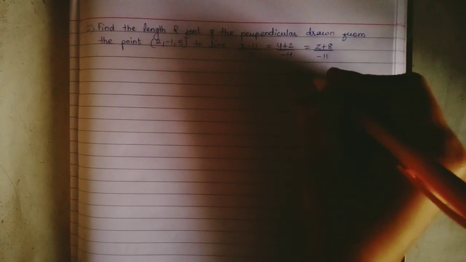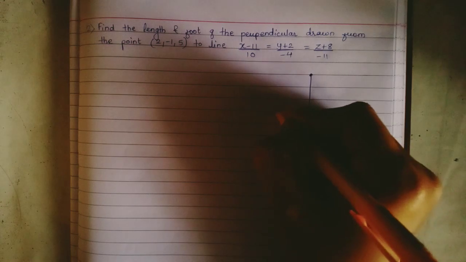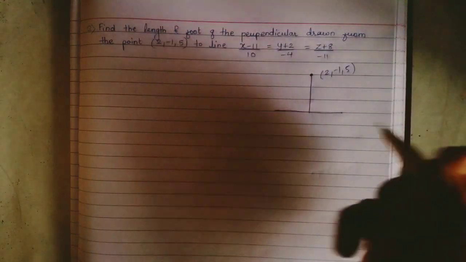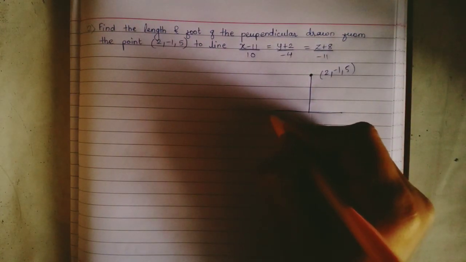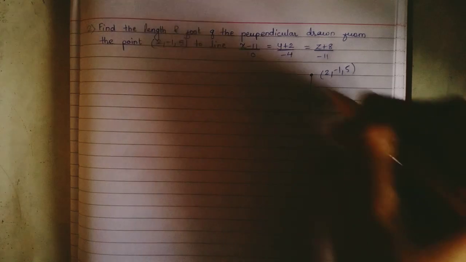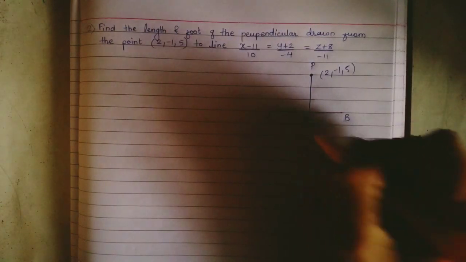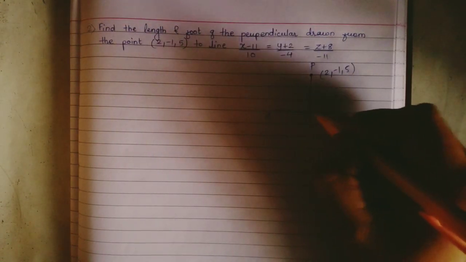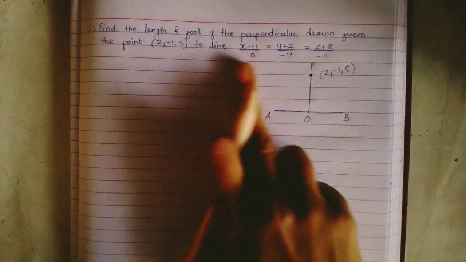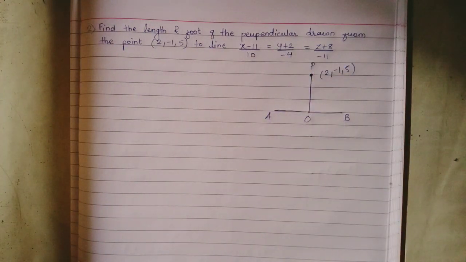Drawing it will be like this. This point is given (2, -1, 5), and this line is given, say AB. So AB line is this, the equation which is given.